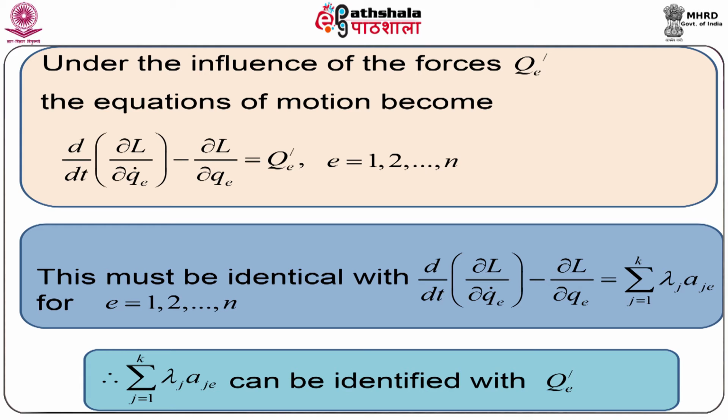The left hand side of both the equations are the same, they differ only in the right hand side. So, Q_j dash can be identified with summation over k of lambda_k into a_kj. This is the physical significance of the generalized forces Q_j dash.